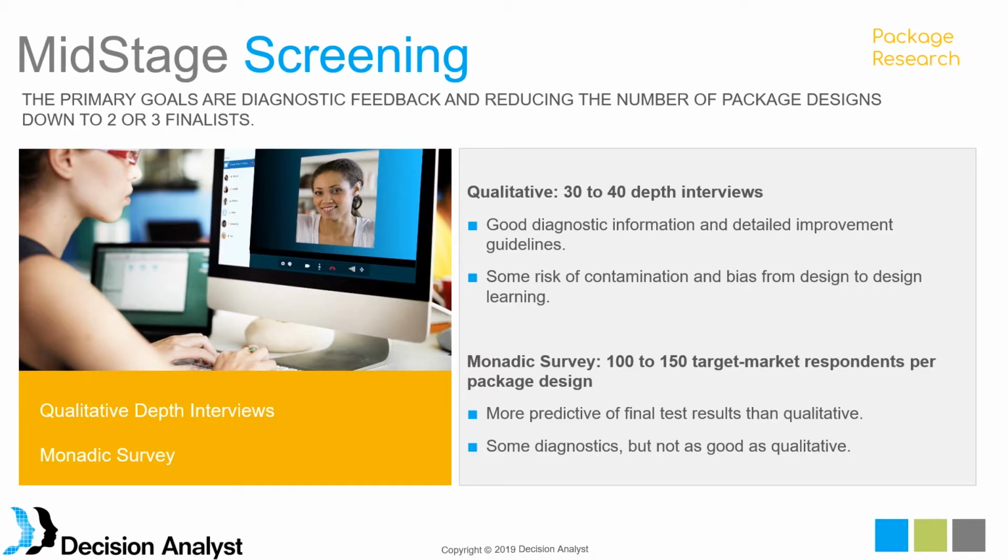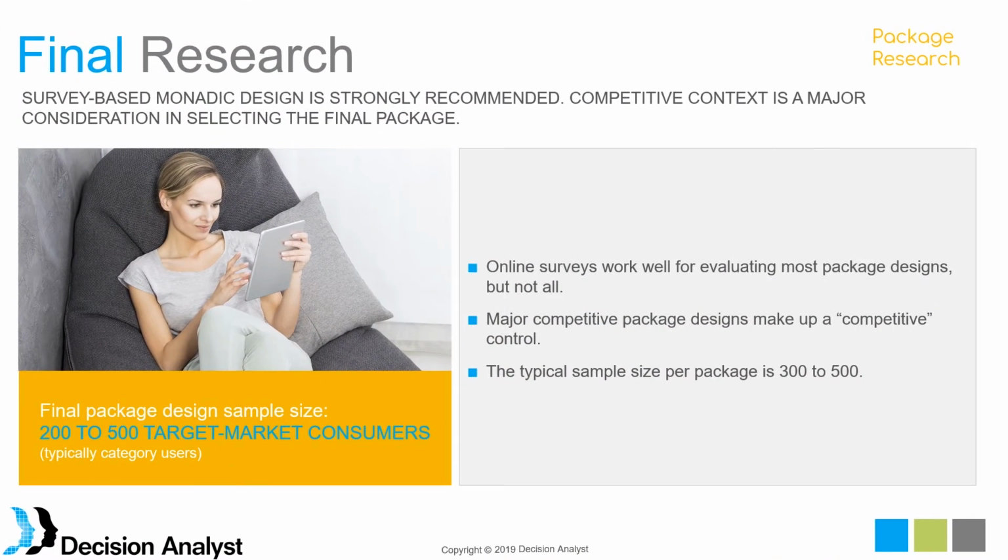And then we're getting down now to maybe 2 or 3 packages that have survived the whole design process, and those packages have been improved continuously as we've worked through this research and design process. And so typically for the final research, we would use a monadic package design. That is, each respondent would see one package design and no more.